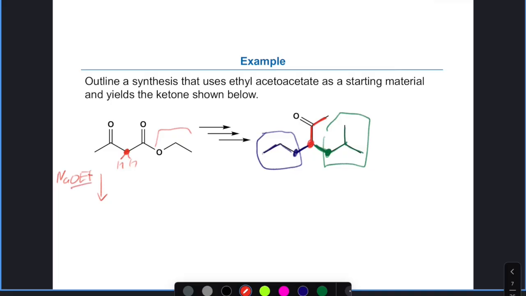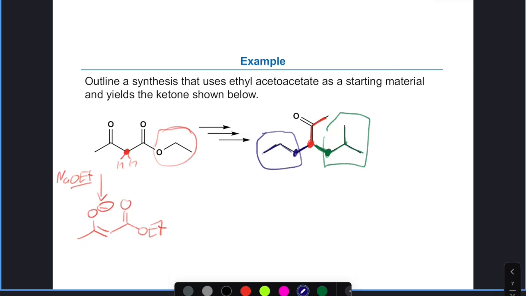Again, not as critical as the other ones where we're doing standard Claisen synthesis. That fragment of the molecule will be removed, so it's not quite the end of the world if you happen to choose a different base, but generally good practice is whatever fragment you're eventually going to lose on that ester, you reflect it as your basic component too. So sodium ethoxide is going to give me my enolate.